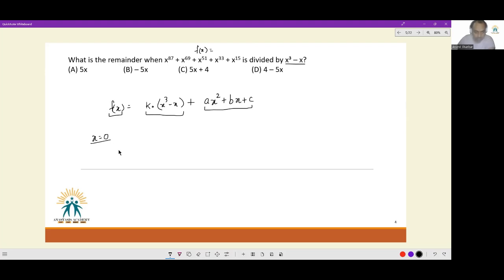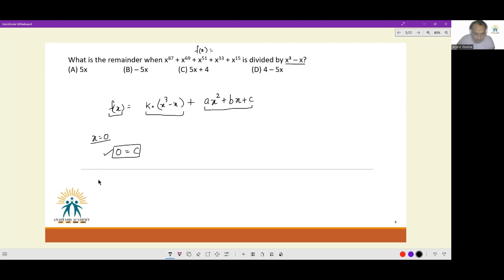Can you see your LHS will be 0 and your RHS, this portion is entirely divisible. This is the remainder. X square will be 0, bx will be 0, c will also be 0. At x equal to 0, we get this. Understand, we have to figure out values of a, b, and c in order to figure out the total coefficient. But this will be 0.